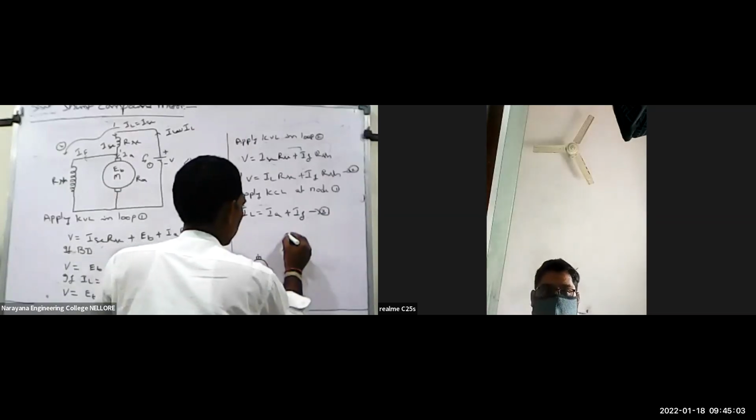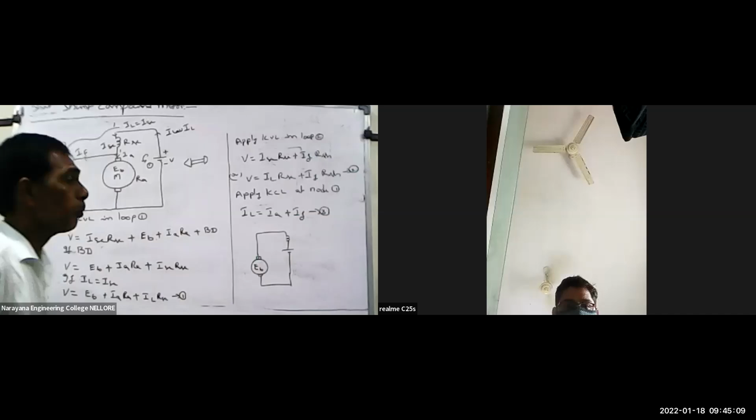Together, the series field winding and motor, that is EB, and this is RSC, and the current delivered by the source. Here, this is supply voltage V. We observe the series field winding, so this is RSC.